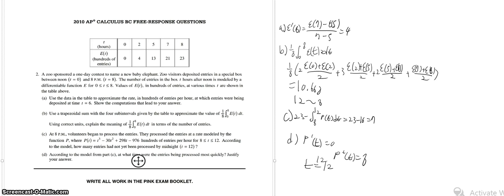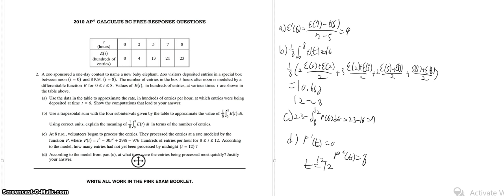So E(7) minus E(5) over 7 minus 5 gives E'(6). E(7) is 21 minus E(5), which is 13, equals 8 over 7 minus 5, which is 2. So 8 over 2 equals 4. From the computation we can see that at t equals 6 the rate is 4.